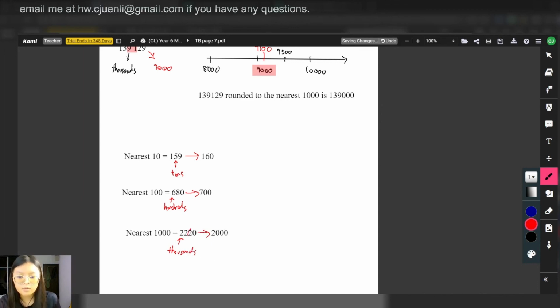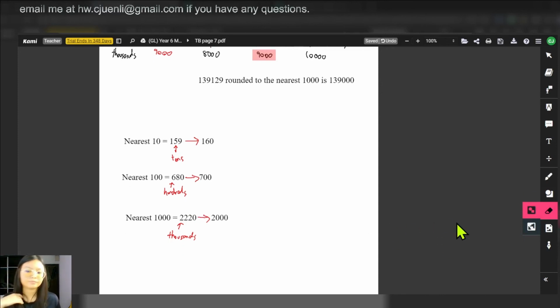Right? So ignore this number because we're going to make it into zeros anyways. Right? But I'm not going to erase that so you can write it down nicely. So these are just very, very simple details for you to look at.